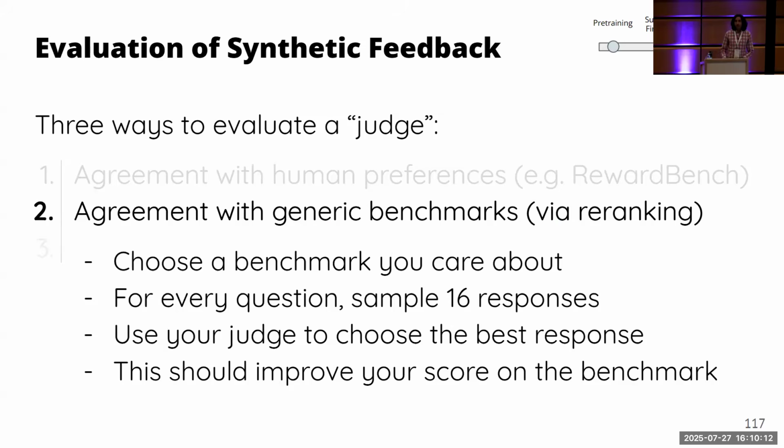For every question or prompt in that benchmark, you can sample a decently not large number of responses, like maybe 8 or 16. Use your judge to decide which of those is the best under its scoring function, and then use that re-ranked response in the benchmark's original evaluation metric. And if this makes the score go up, that suggests that your judge is actually well aligned with the things that you care about.